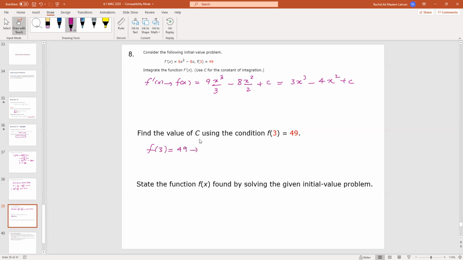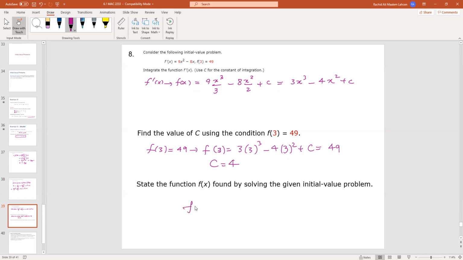That means from the previous answer, f of 3 equals 49. Try it. C should come up to a 4.